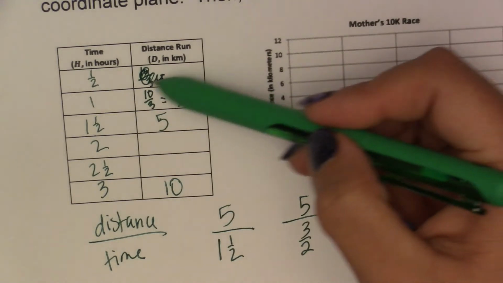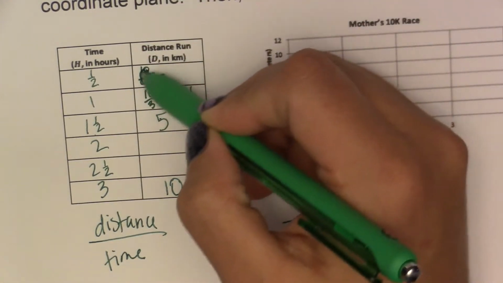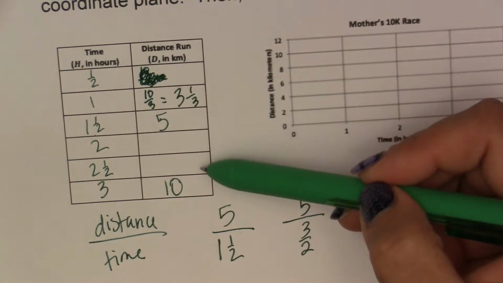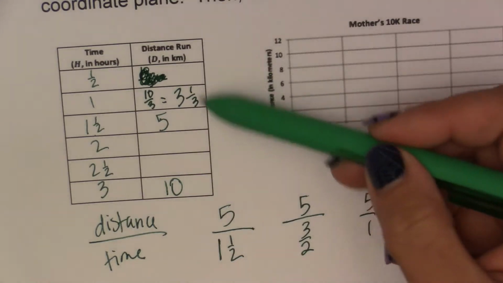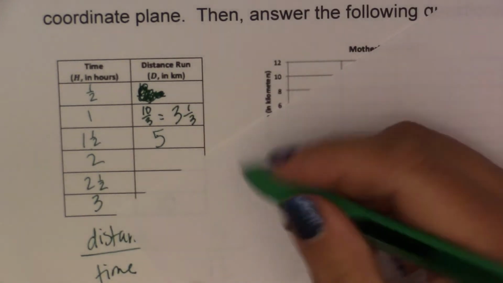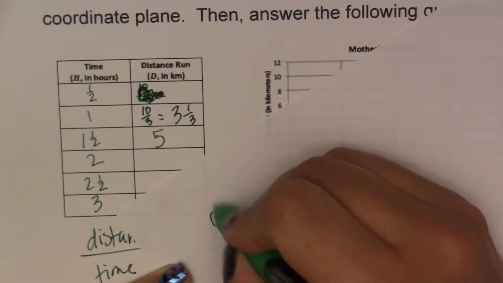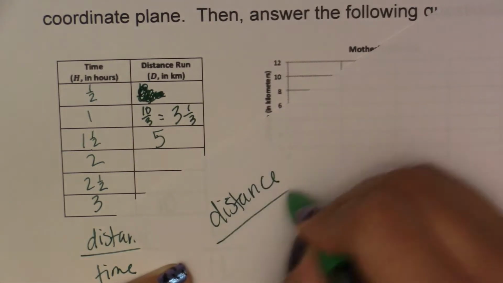All right, so now that I have this unit rate, I can use this to help me fill out the rest of these empty boxes. So I'm going to get a piece of blank paper here. All right, so I know that I'm finding distance to time.